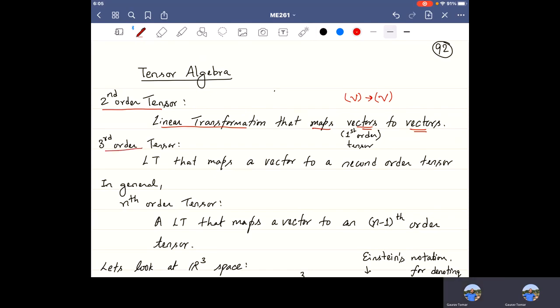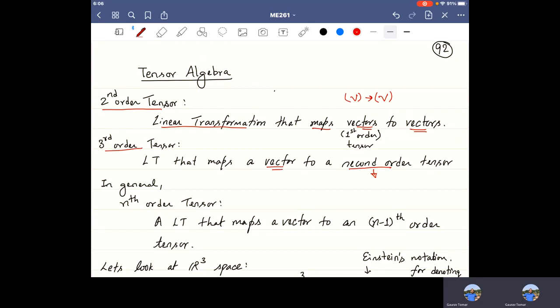A third order tensor is a linear transformation that will map a vector to a second order tensor. And once you get a second order tensor, you can think of it as mapping a vector to another vector. So that sequence can go.